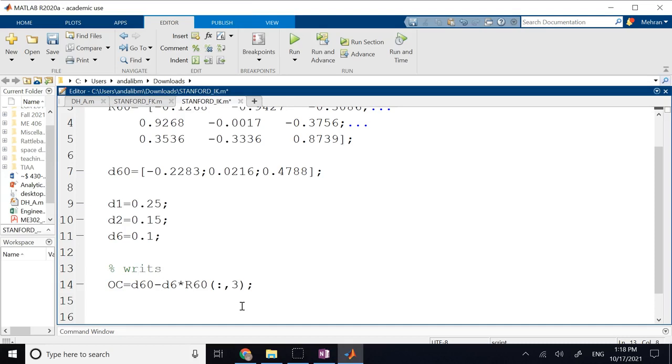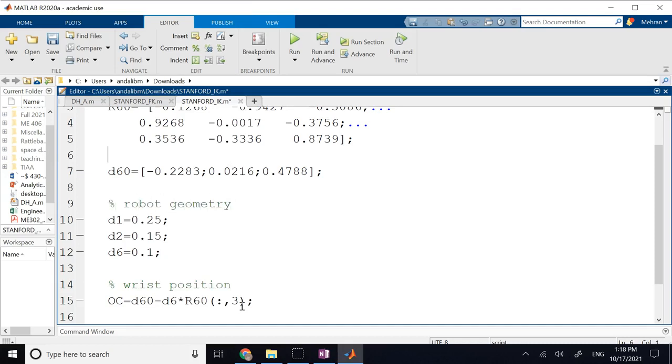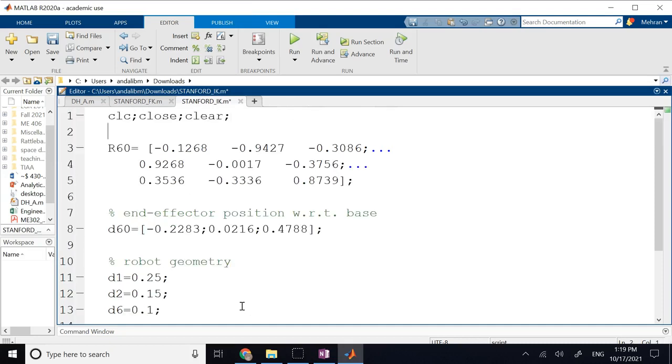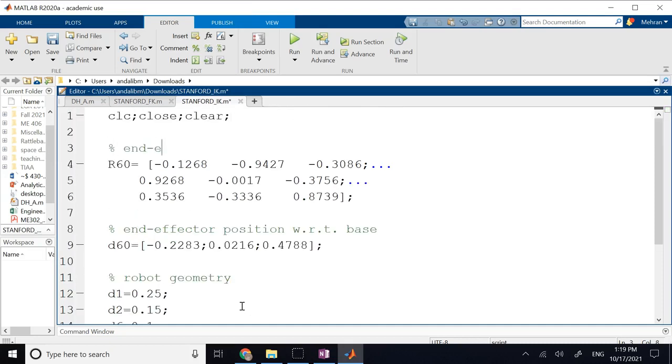So this is the wrist position. This is the robot geometry and end effector position with respect to base. And finally, end effector rotation matrix with respect to base.